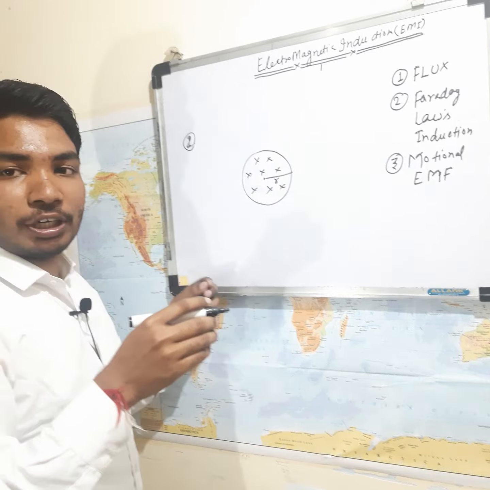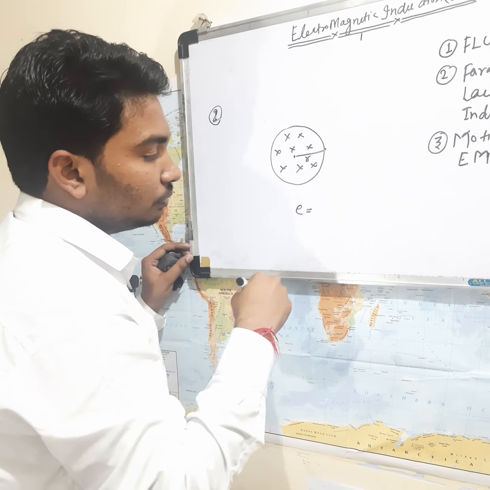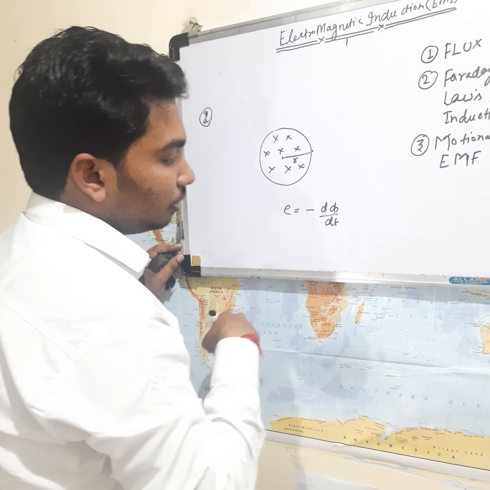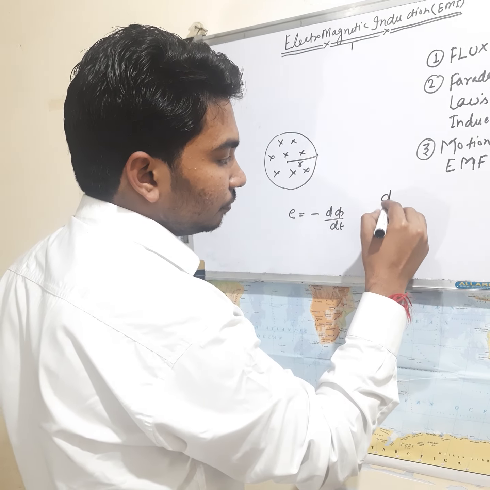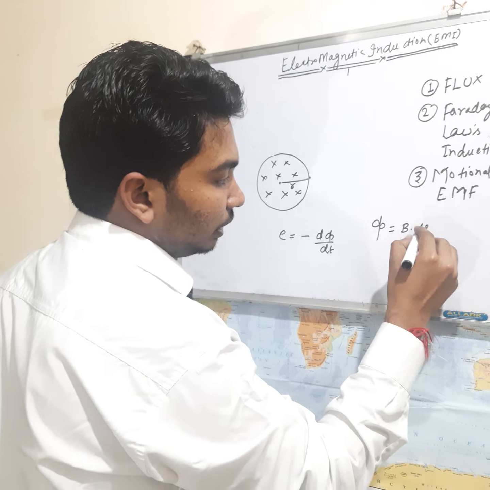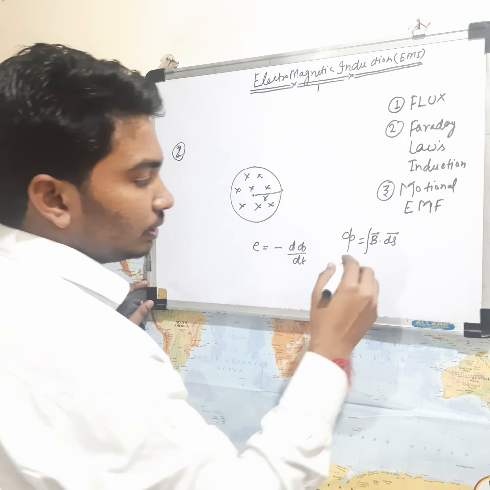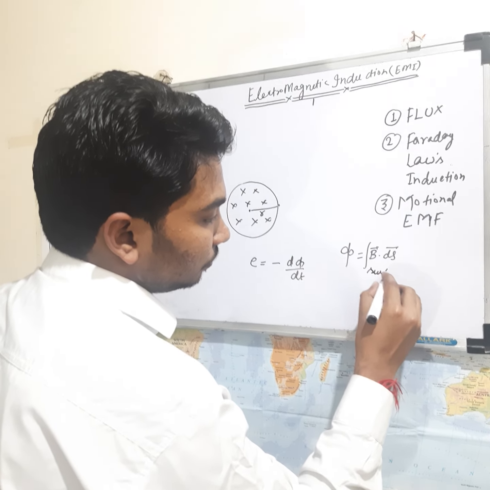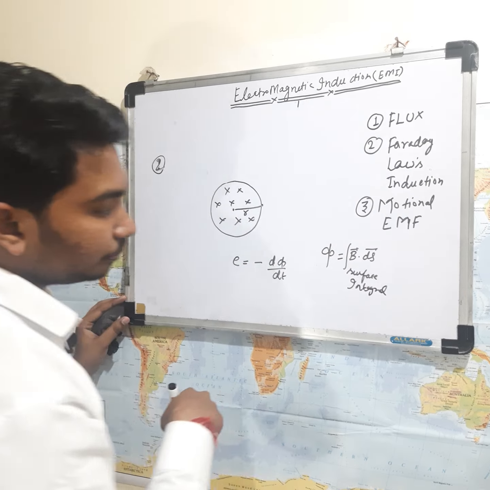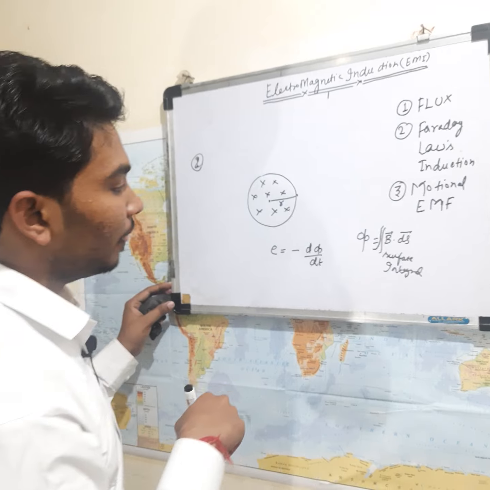The magnitude of the induced EMF in this ring is E equal to minus d phi by dt, where phi is the integral of B dot dS. This is a surface integral.